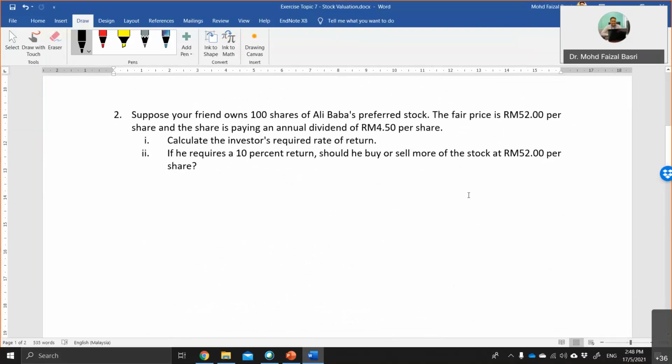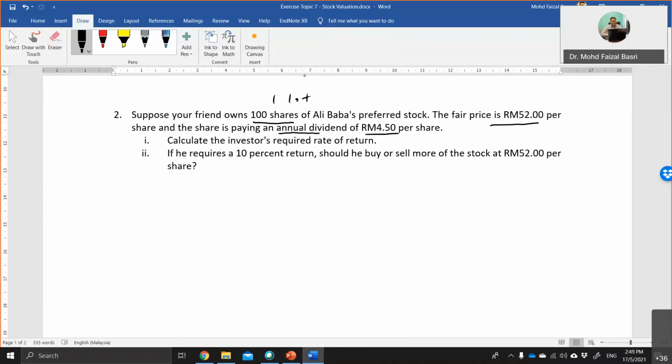Question number two here. You try for a moment. I give you 5 minutes to try this. Suppose your friend owns 100 shares. Again, they give a current situation whereby you already own 100 shares, meaning it's one lot, of Alibaba's preferred stock. The fair price is 52 ringgit per share, and it currently pays an annual dividend of 450.